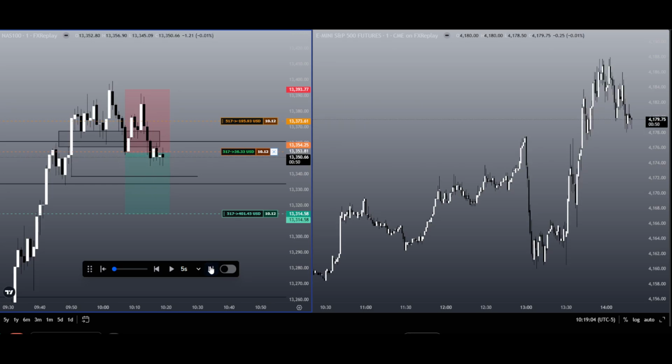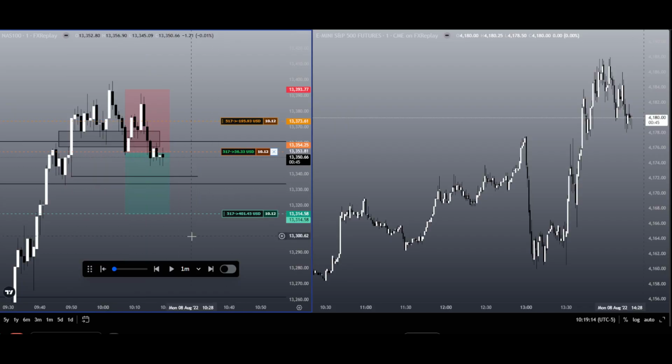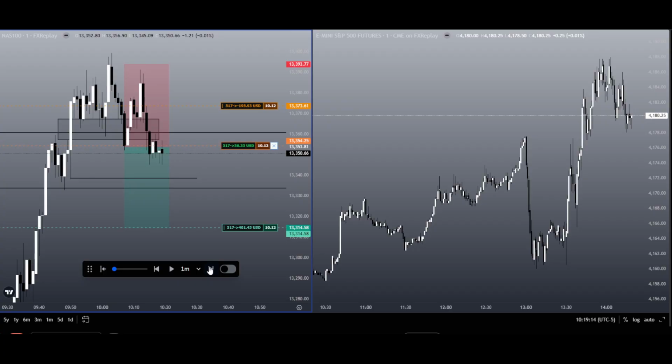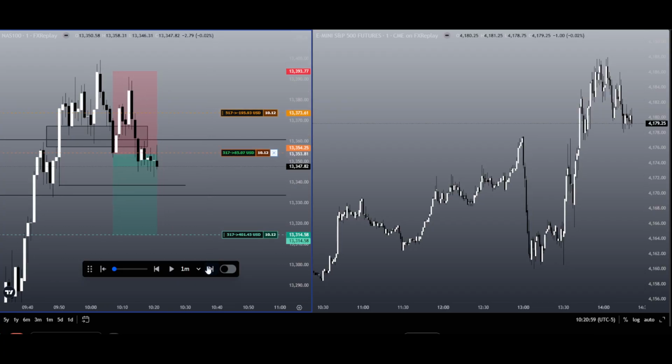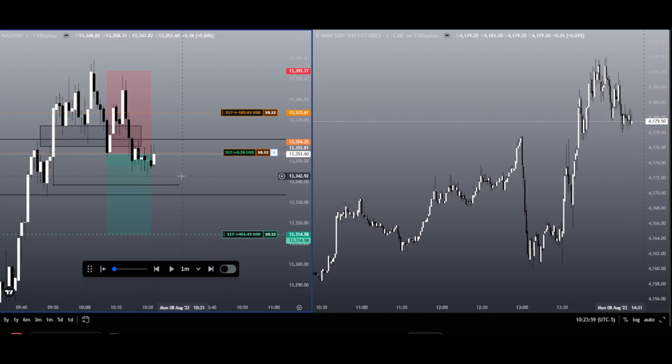Oh, I see what's happening about this. Wait, this is so stupid. Bro, what is this price action? Okay, I'm just gonna get break even.